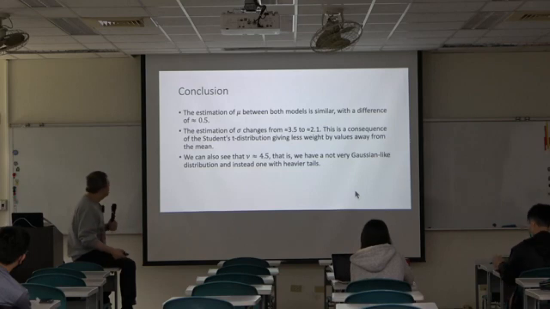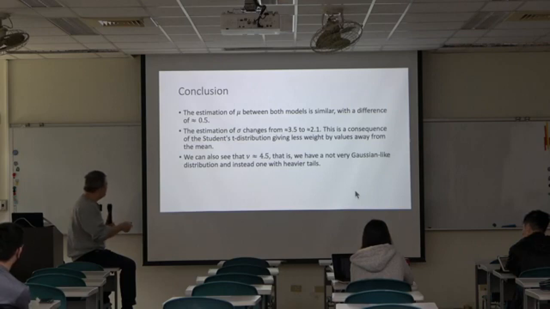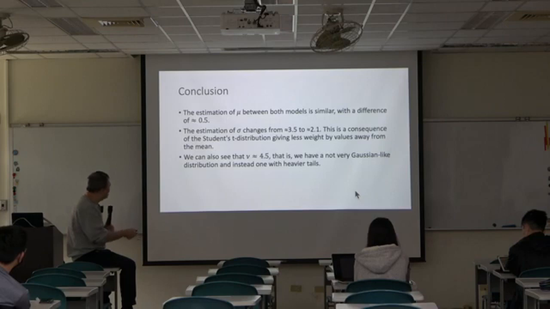It's a consequence of the Student's t-distribution giving less weight to values away from the mean. Again, this is good because it matches the real data much better. And we can see ν is only 4.5, so we have a not very Gaussian-like distribution. It's heavy-tailed.